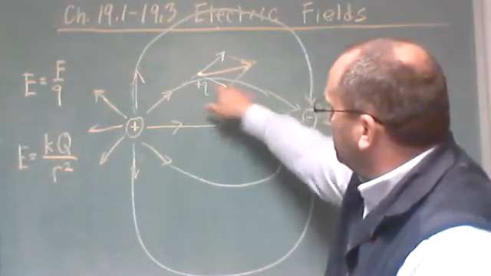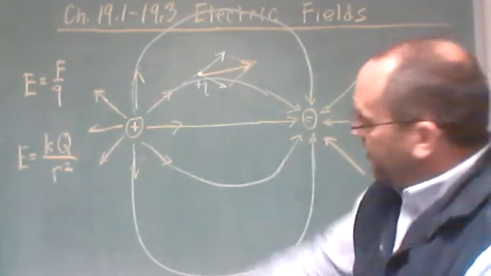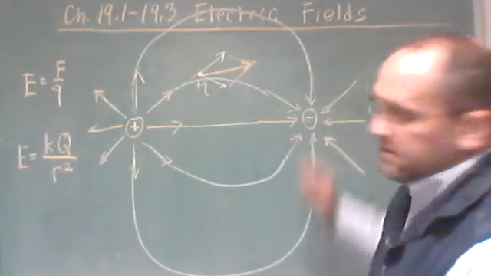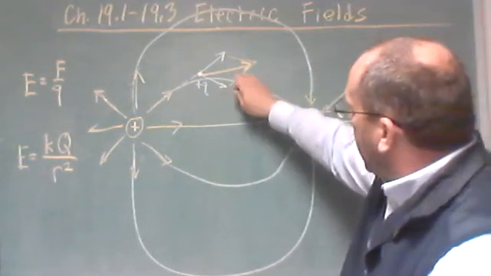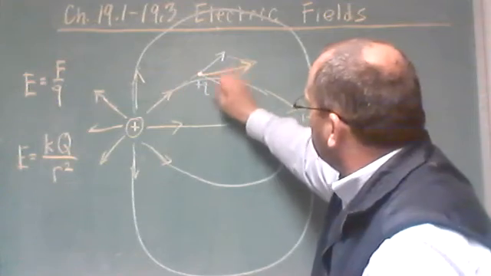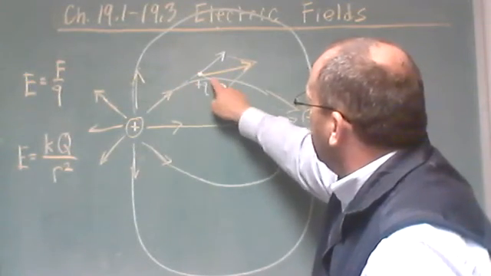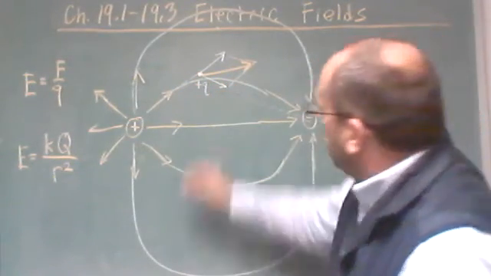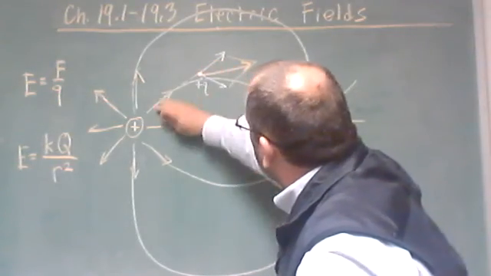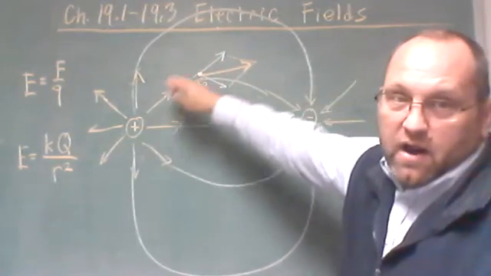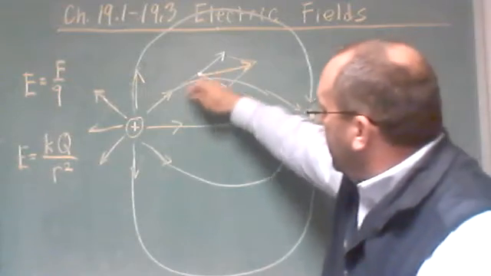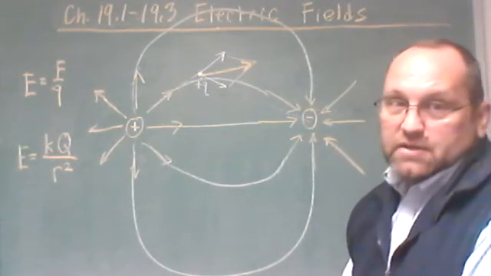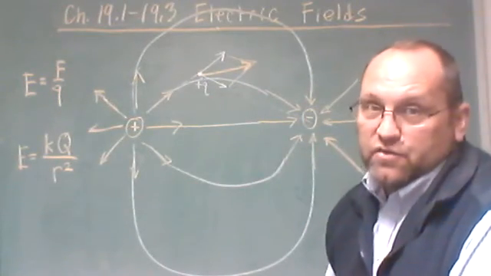We draw on the vectors how that charge is repelled by the positive, attracted to the negative, and we add them together. And what is it? It's a line at that point that is tangent to our electric field line. It's tangent, parallel to it at that point.